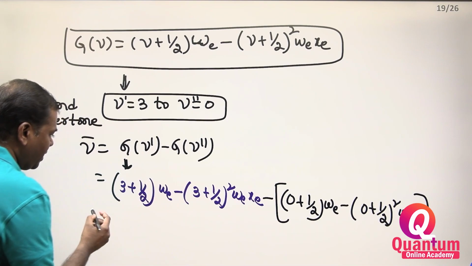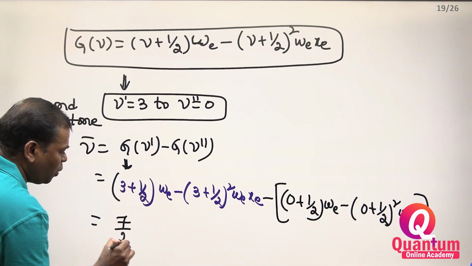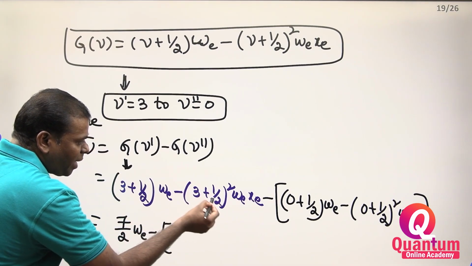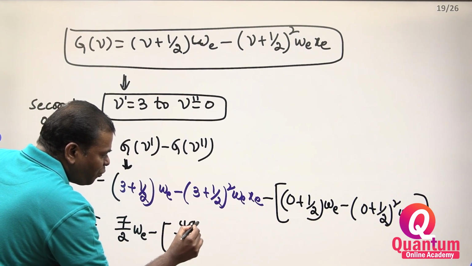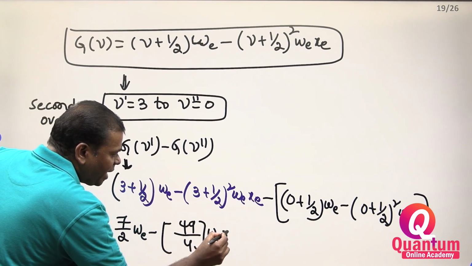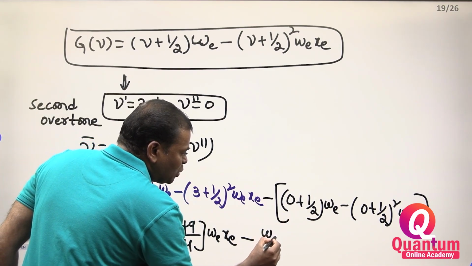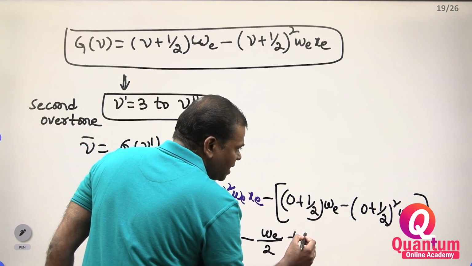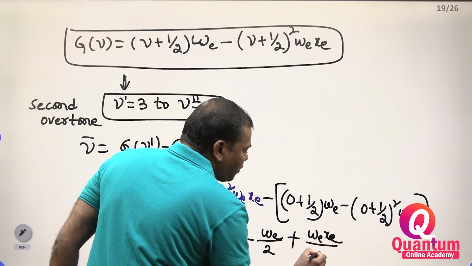Now simplify. 3 plus 1 by 2 is equal to 7 by 2 omega e minus 7 by 2 whole square, 49 by 4 into omega e xe, minus omega e by 2 plus omega e xe divided by 4.